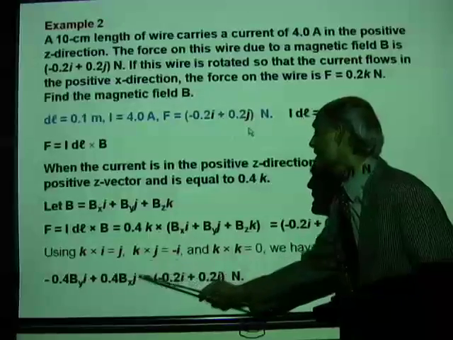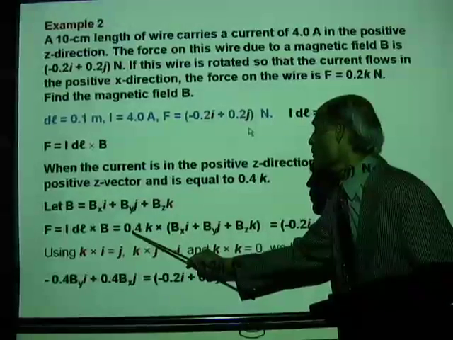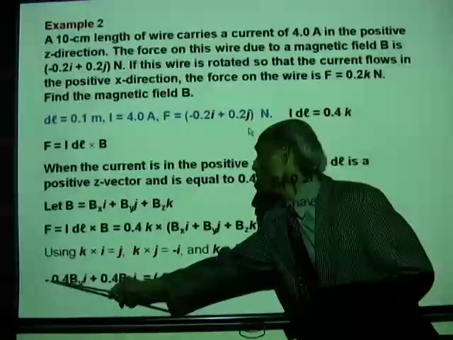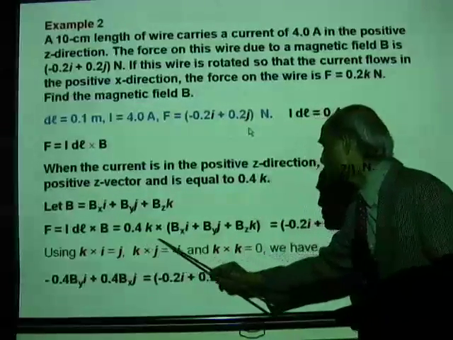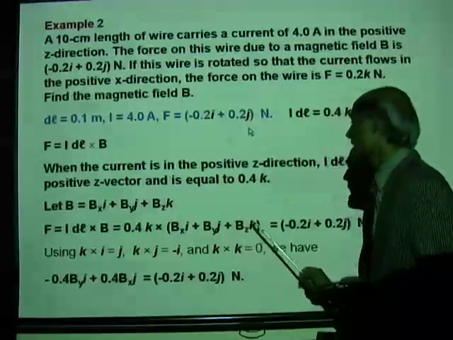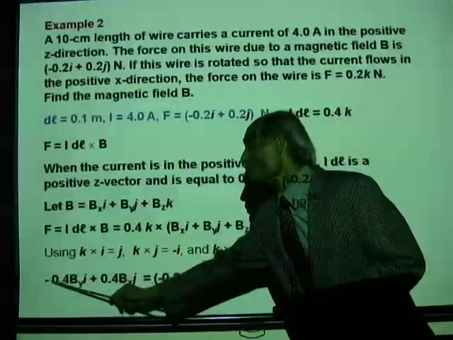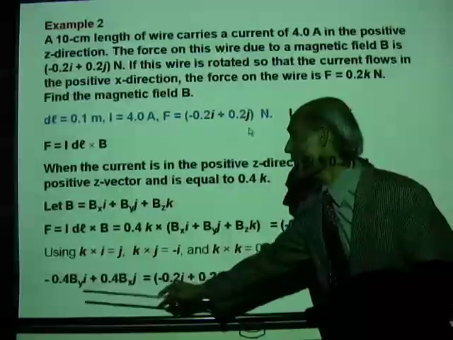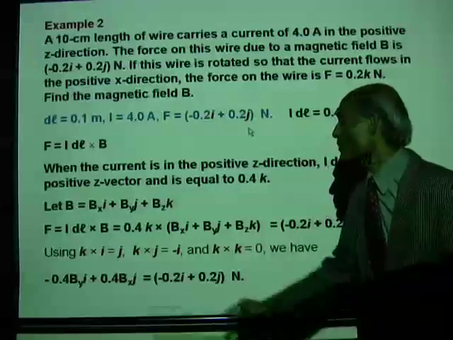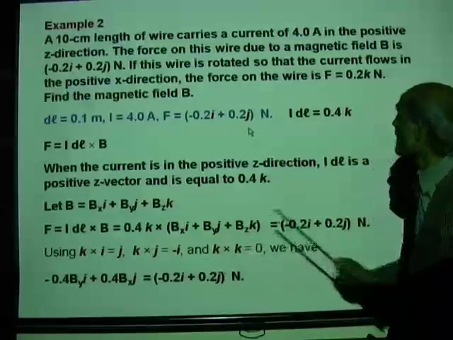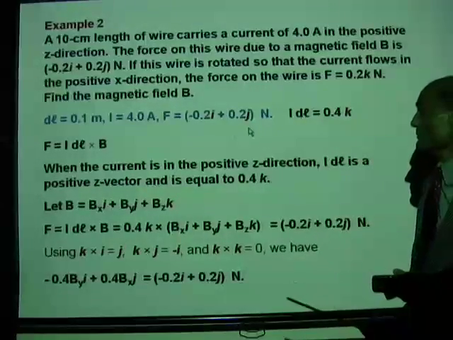K cross I is J. 0.4 BXJ. So this product will now give you this. K cross K is 0. And therefore, negative 0.4 BYI plus 0.4 BXJ is the force vector that we already know.